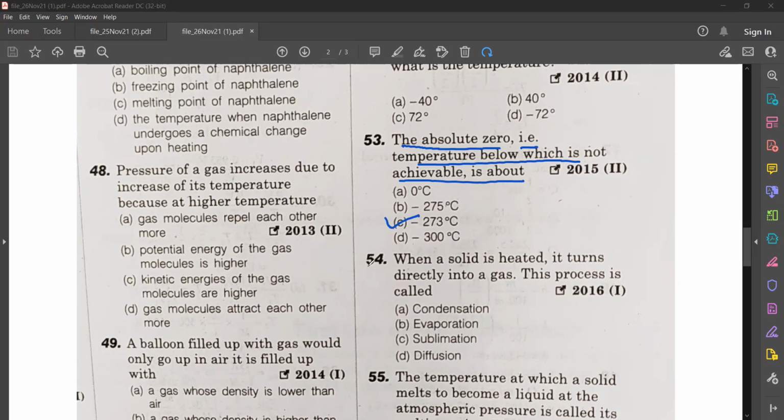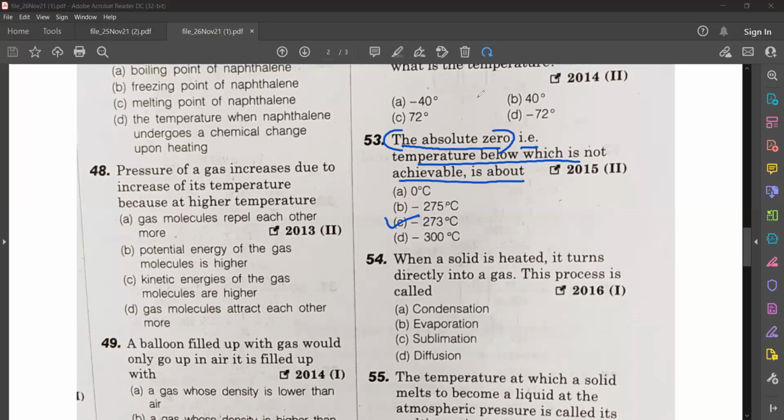Beyond this it's not possible; below this, we cannot get any temperature. So below minus 273 degrees Celsius is known as absolute zero. What is absolute zero? Minus 273 degrees Celsius.